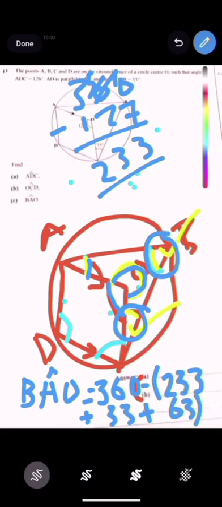Okay, so from 360 we remove the total of these angles.